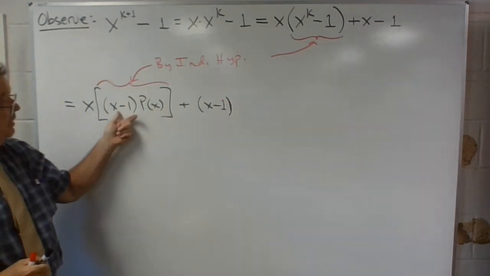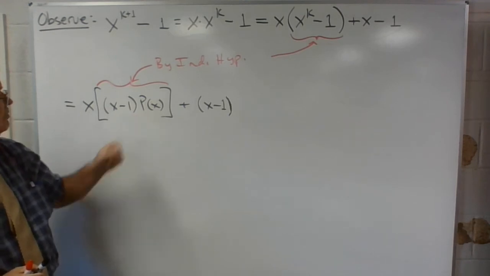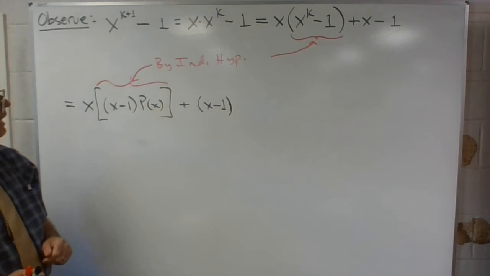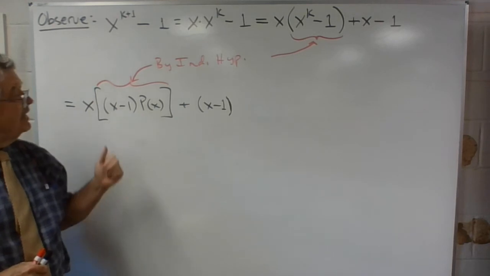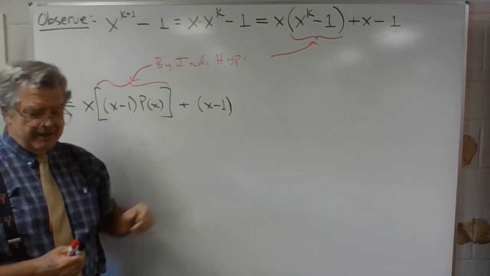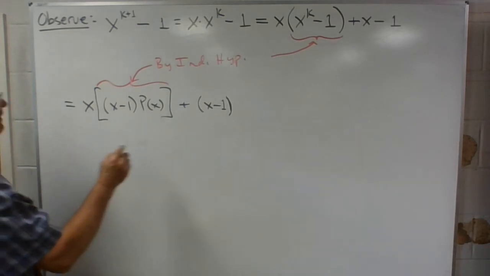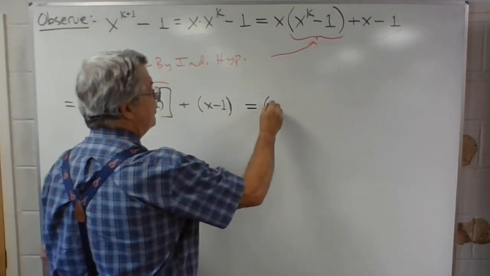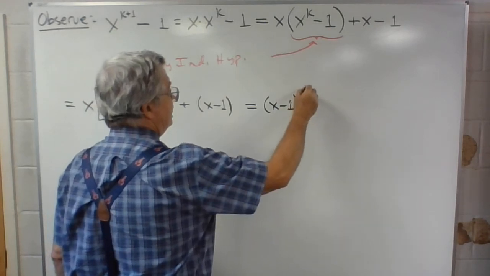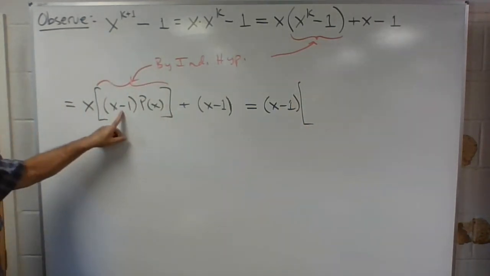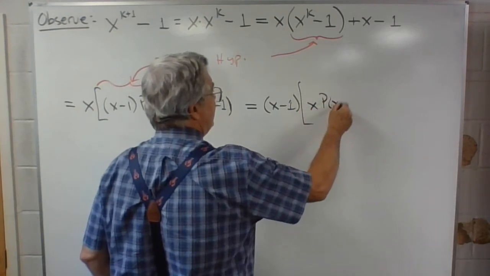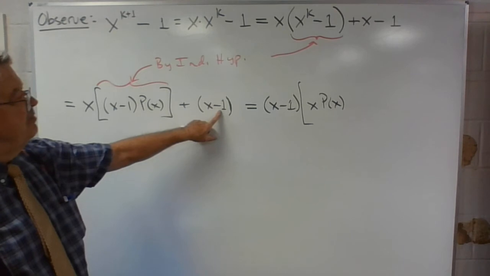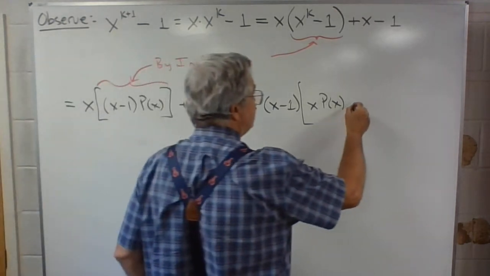It's equal to (x - 1) times some polynomial p of x. And oh, isn't this nice? This term has a factor of x - 1. And this term has a factor of x - 1. I can factor out x - 1. I factor x - 1 out of this, and I have x times p of x. I factor x - 1 out of this term, and I have 1.